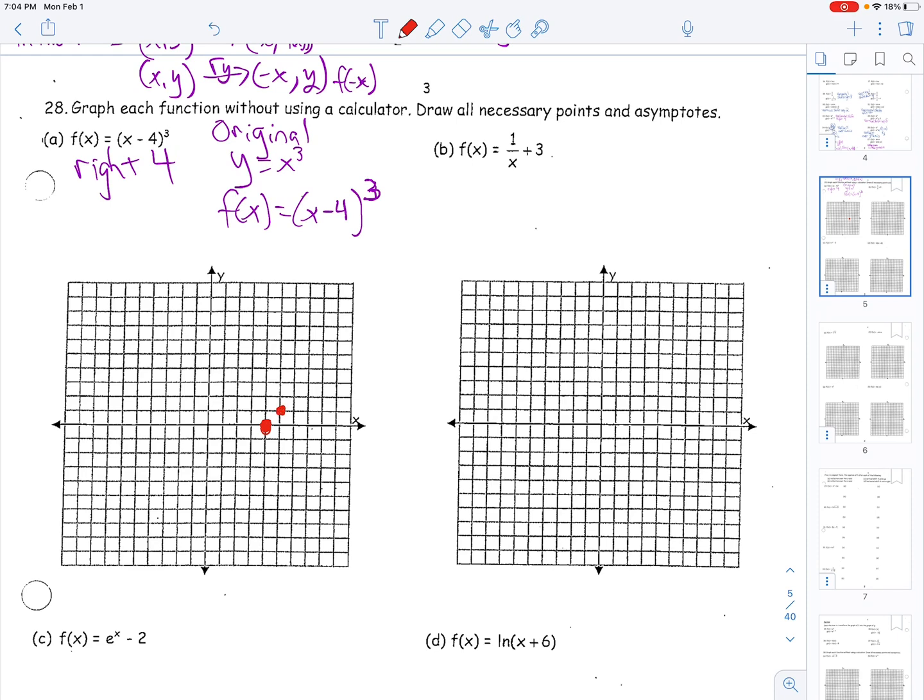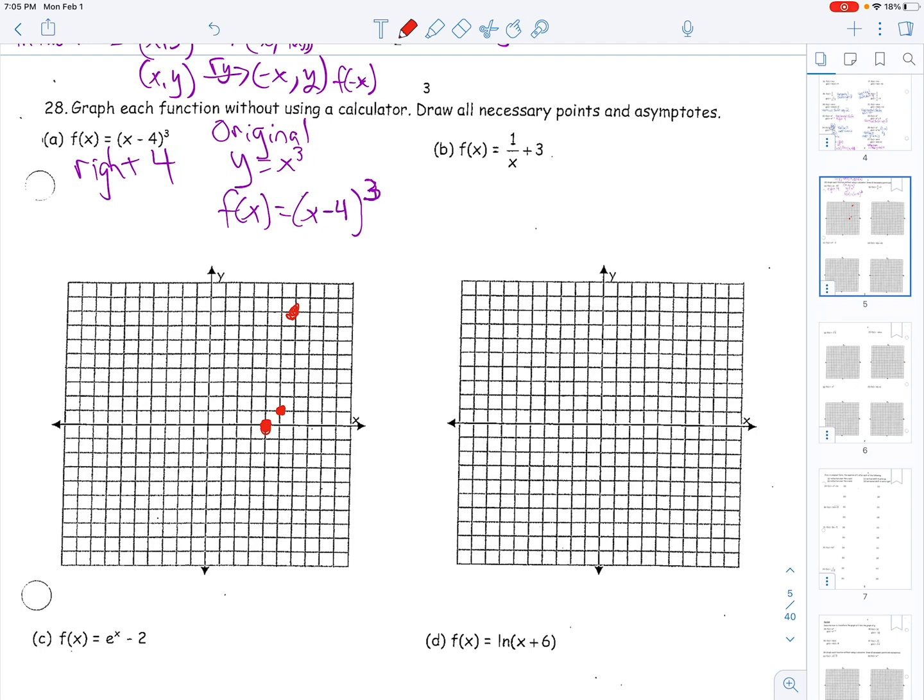We're going to move that to the right 4 units, to 5, 1. 2, 8 is another point on x cubed. Move that to the right 4 units, 1, 2, 3, 4. There you go.